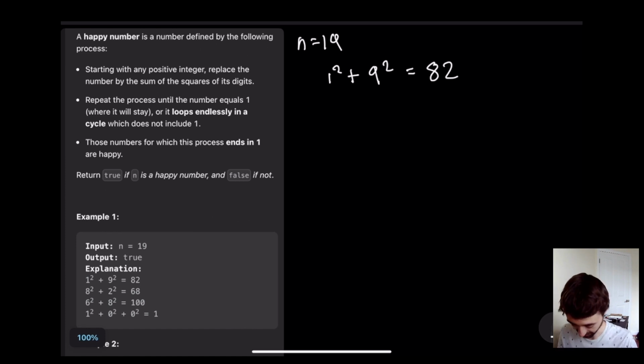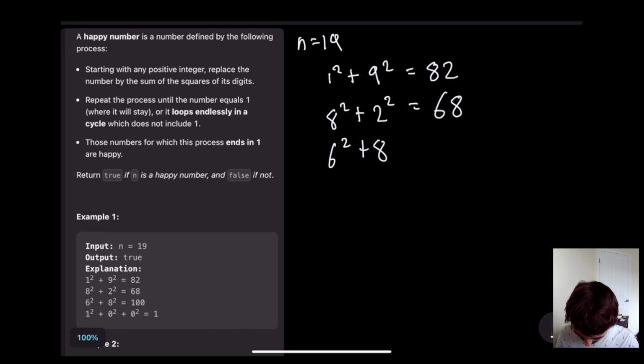Now we do the same thing for 82. So we take 8 squared and 2 squared. We add those together. That's 64 plus 4, which is 68. Then we do it for 6 and 8. Square each of them. That gives us 64 plus 36, which is 100, I think.